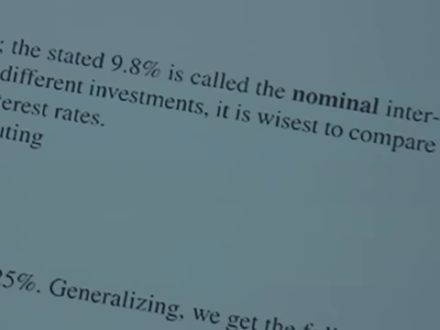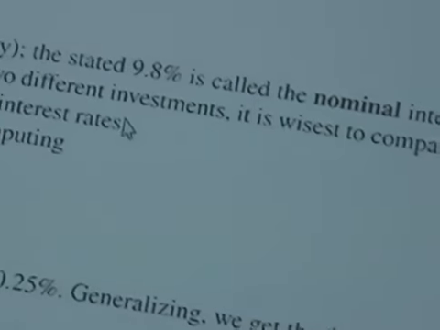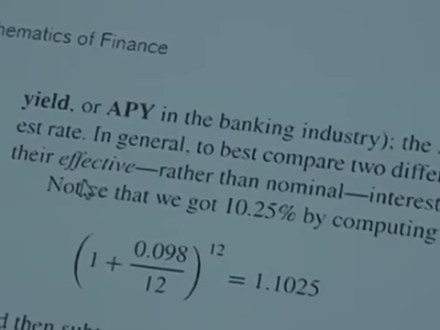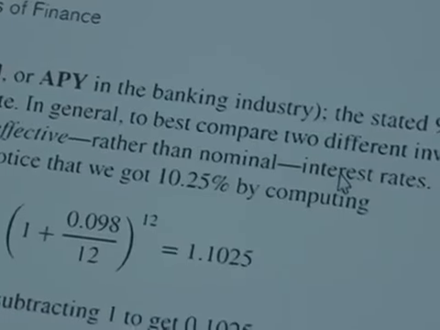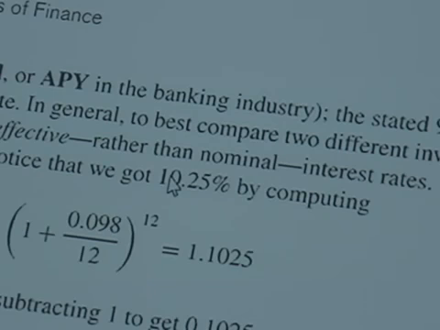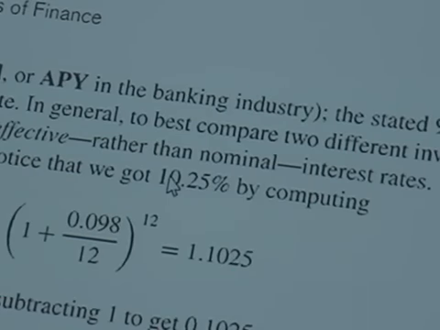In general, to best compare two different investments, it's wisest to compare their effective rather than nominal interest rates, right? So if we have the effective rate was 10.25, that's kind of better. It helps us better compare the two investments. Okay?